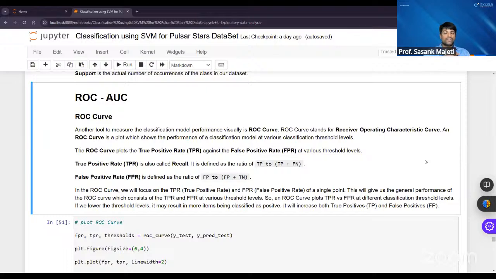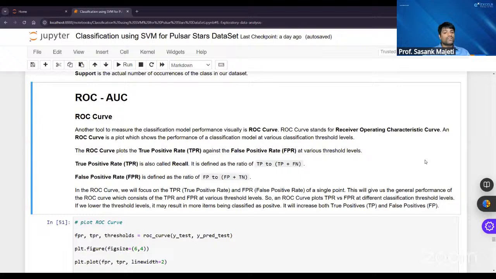So what are the ROC and AUC curves? ROC is the receiver operating characteristic, and AUC is nothing but the area under the curve. These are basically plots which try to show the true positive rate and the false positive rate.